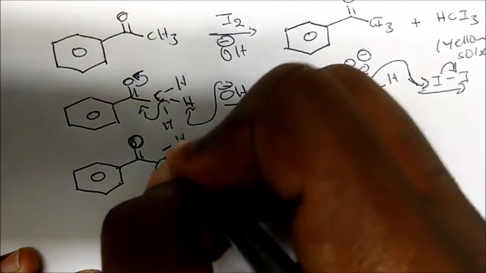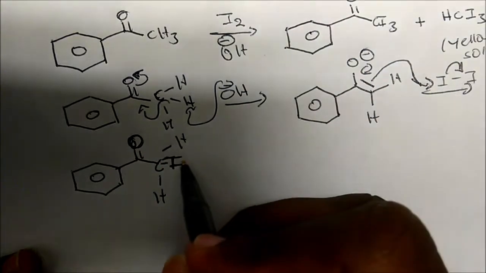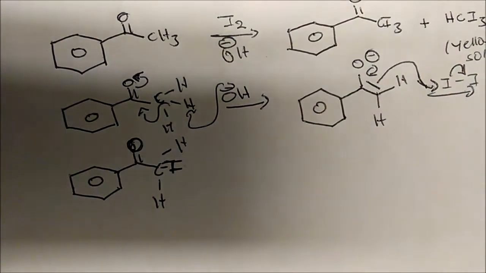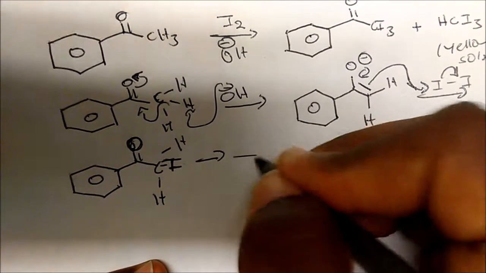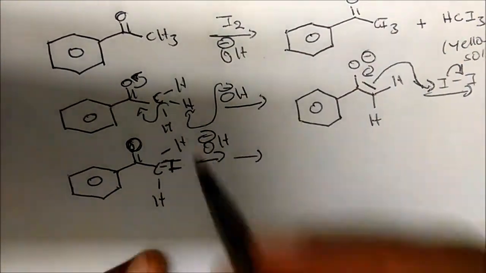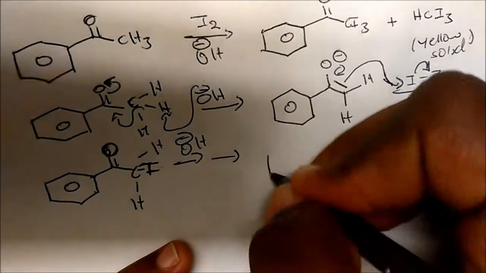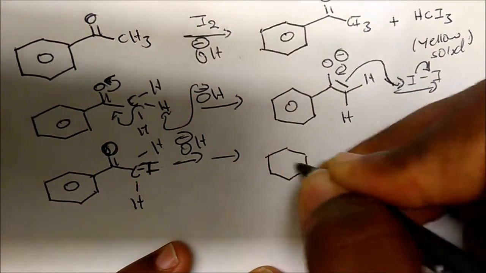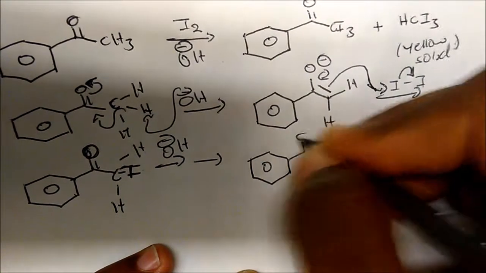So what we essentially did was substitute an iodine for a hydrogen. And actually this will continue. Hydroxide will come in again and take off one of these hydrogens, and the reaction will continue until we eventually get to a structure that looks like this that we just predicted.